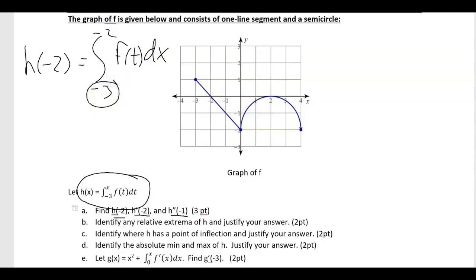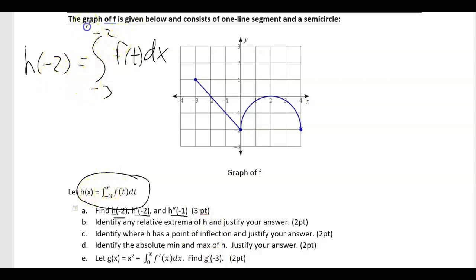You want the smaller number on the bottom and the bigger number on the top. In this case, I'm okay. But if they were reversed, you would have to flip them and put a negative in the front using property 2 that we talked about in lesson 6.3. When you plug in the -2, it replaces the x in both of these spots. So it looks like this.